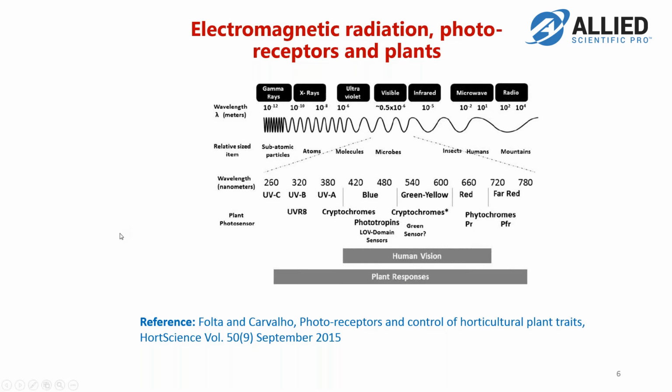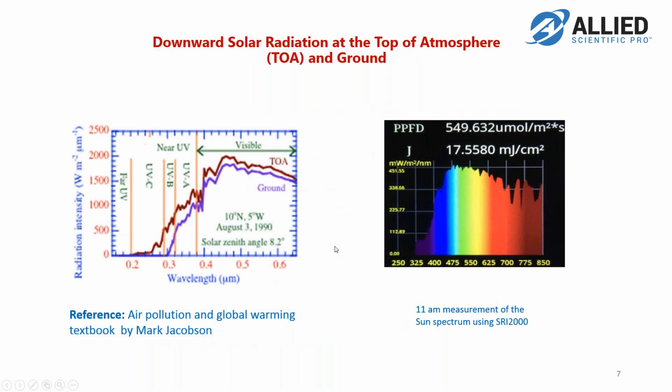So here is a picture of the spectrum of the sun taken with the SRI 2000, and you can see that we are detecting from 325 nanometers here up to 850 nanometers.